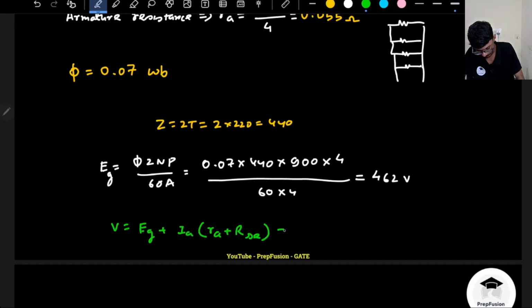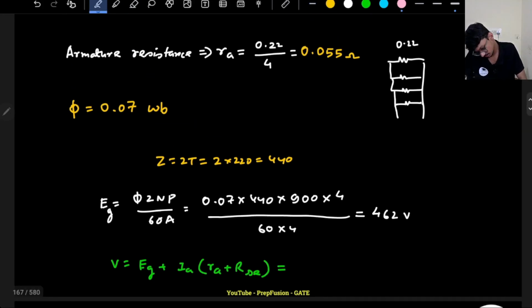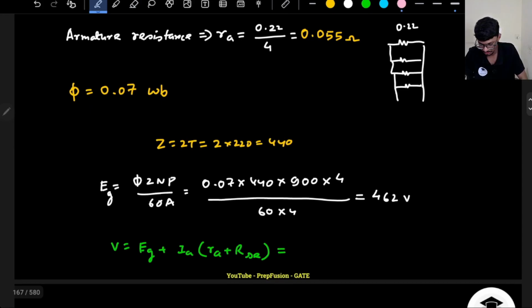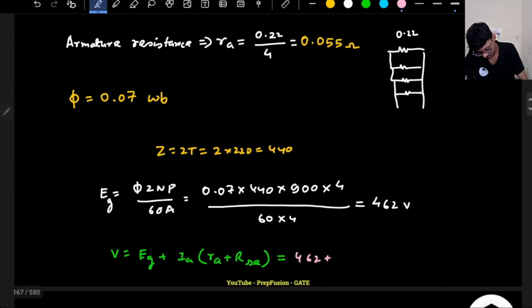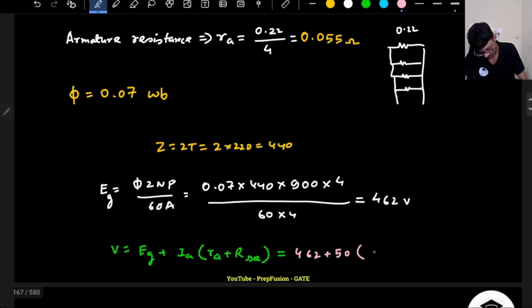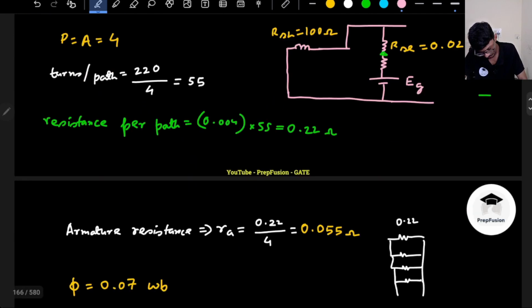So this will be equal to EG, which will be 462. IA, they have told me it is delivering 50 amperes. RA we have just calculated, 0.055, plus RAC, the series resistance, they have already told me 0.02.